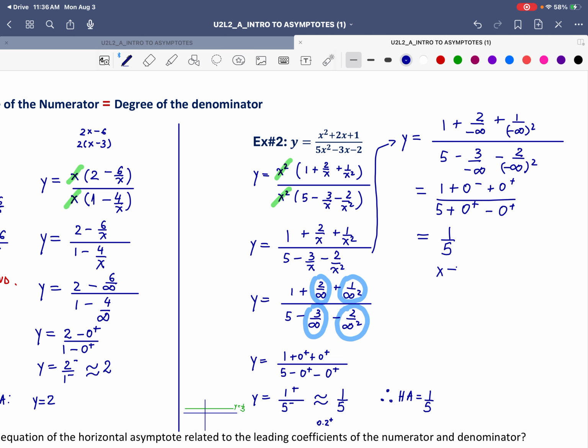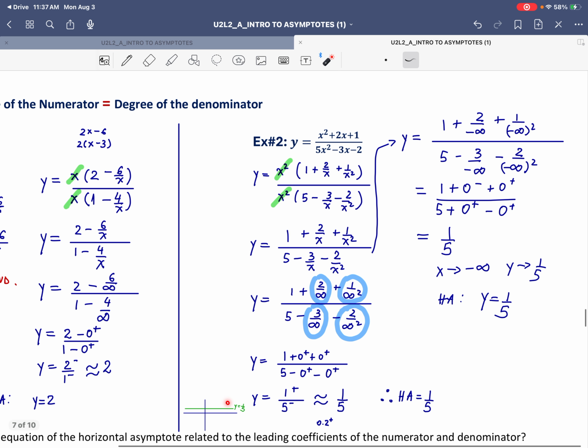So as x approaches negative infinity, y will approach 1 over 5, making the horizontal asymptote again at y equals 1 divided by 5. But again, if you want to be more specific and try to understand whether the function will be above or below the horizontal asymptote on the left hand side, then you would want to give a specific value, because sometimes it is difficult to estimate these expressions.